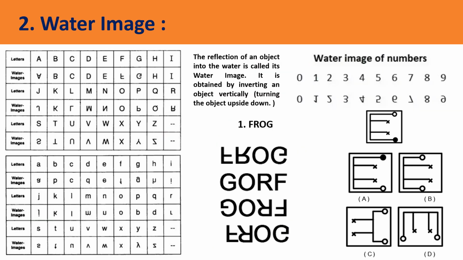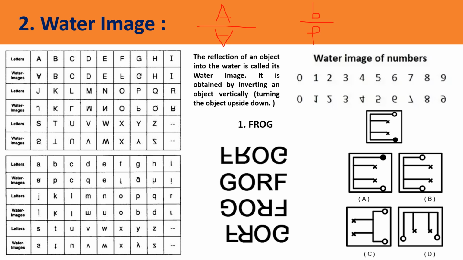Now discussing our water image. Water image is basically turning the object or any letter upside down. If this is my A, your water image will look like this. In terms of small b, your water image will look like this.